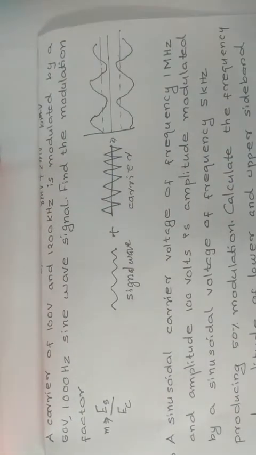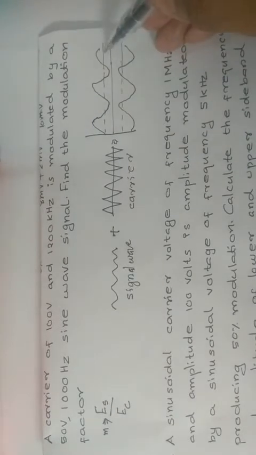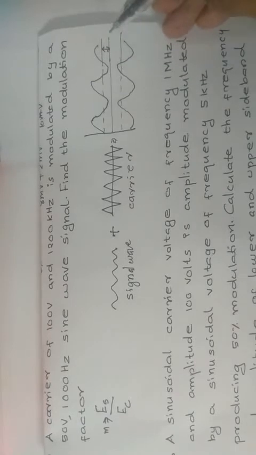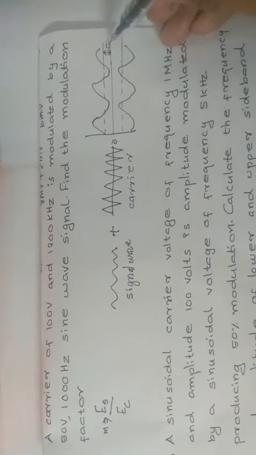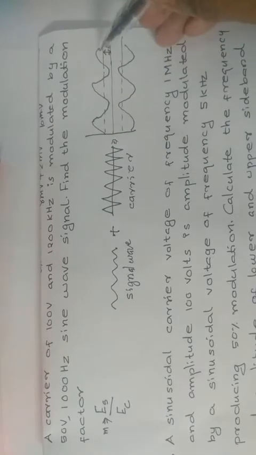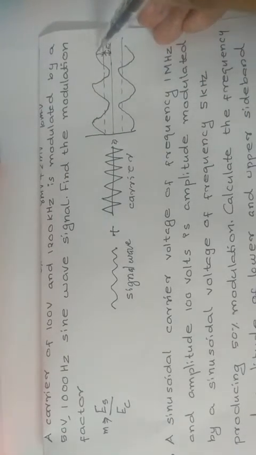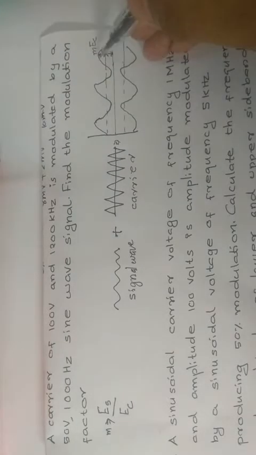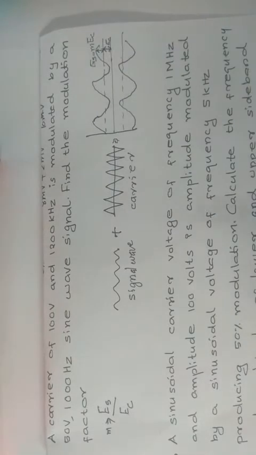So from this figure, this portion represents Ec, that means the amplitude of the carrier wave, and this portion represents M into Ec. M Ec is equal to Es.